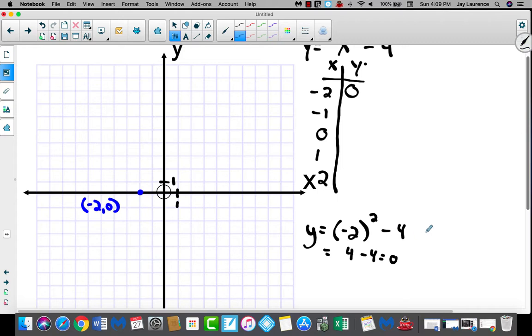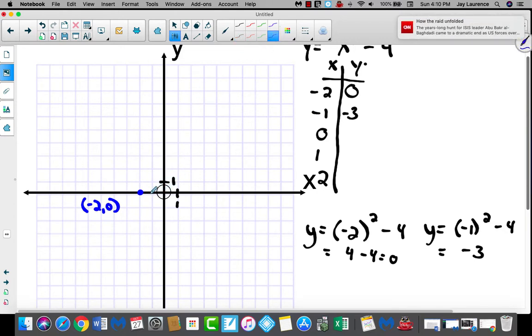Okay, if I put negative 1 in, I get (-1) squared minus 4, and that should equal negative 3, because this part will be 1, and 1 minus 4 is negative 3. So negative 1 goes to negative 3, right there.